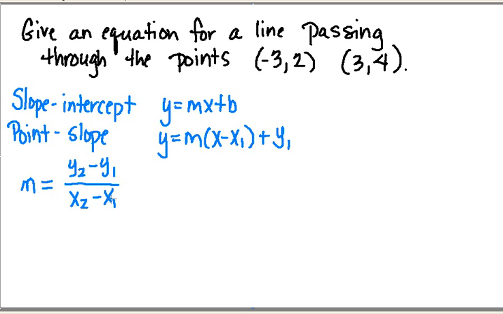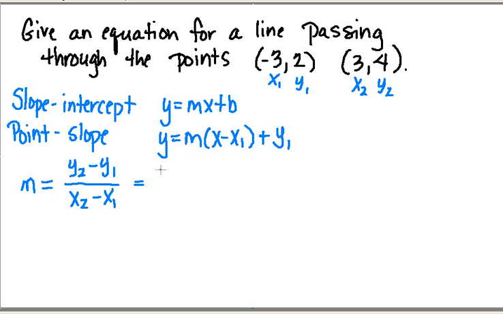Now x1, y1 is one of my points and x2, y2 is another. So up here I'm just going to assign my first point x1, y1 and my second point x2, y2. I can certainly flip-flop this, make this my x2, y2 and this my x1, y1, and I will end up with the same answer.